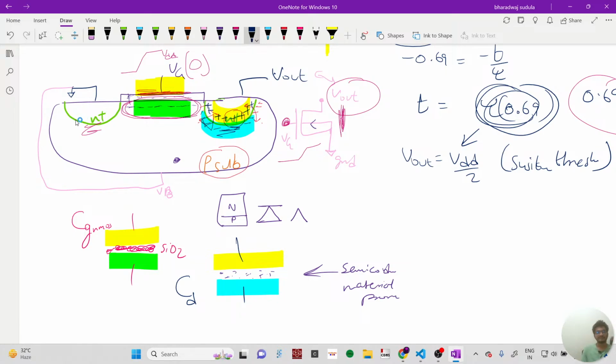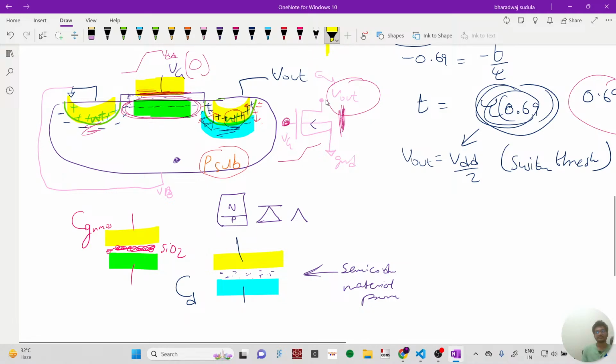Because let's say there is a capacitance here and there will be some capacitance here as well, right? This is also a capacitance.